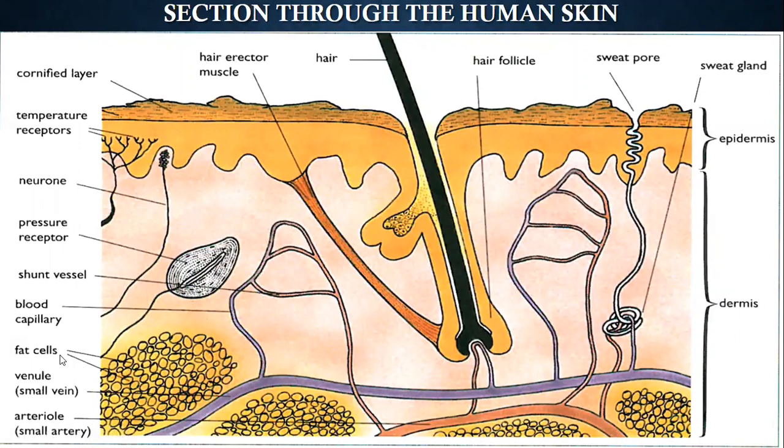So basically, you need to have blood capillaries here, because if you're talking about regulation of body temperature, remember your blood plasma is responsible for the environment of your cells, and that has to always maintain the right temperature. What other way to do that than have it come through your capillaries and go through your skin?